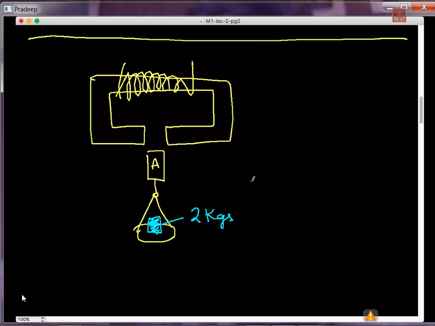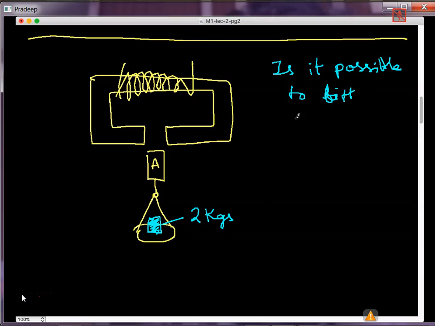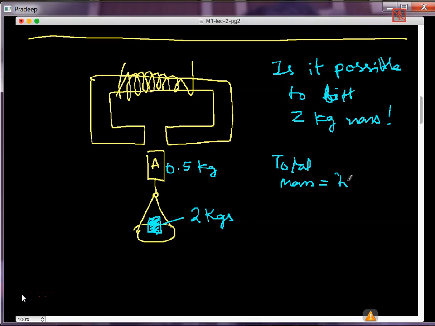So again the question is it possible to lift 2 kg mass? So again you find out the mgh. So the mass of this is 0.49 or 0.5 kgs. So total mass is 2.5 kgs.